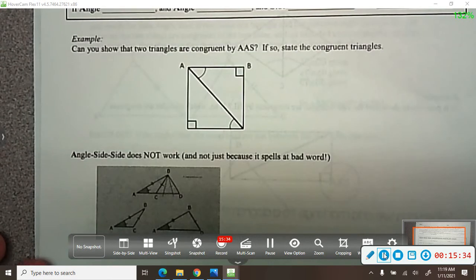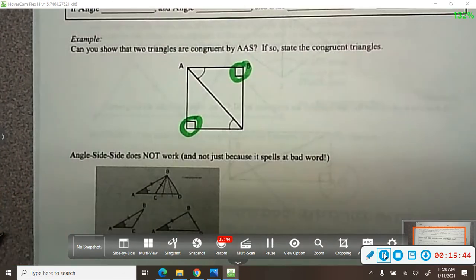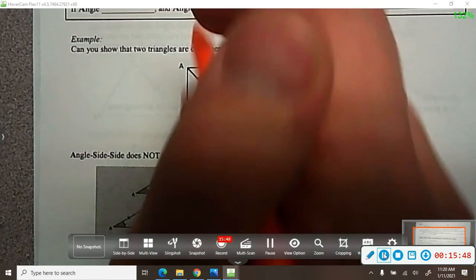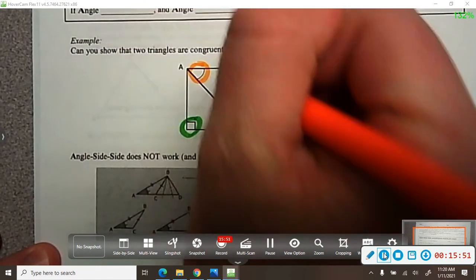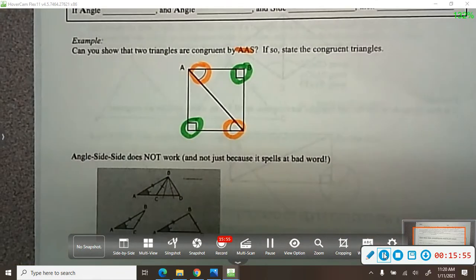Well, can you show the two triangles are congruent by angle angle side? Well, I have an angle congruent to another angle. I have an angle congruent to another angle, so that takes care of the two A's. And then remember, to be angle angle side, you would know that one side equals another side that's not included.